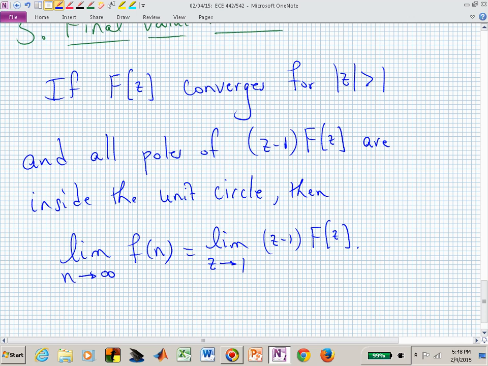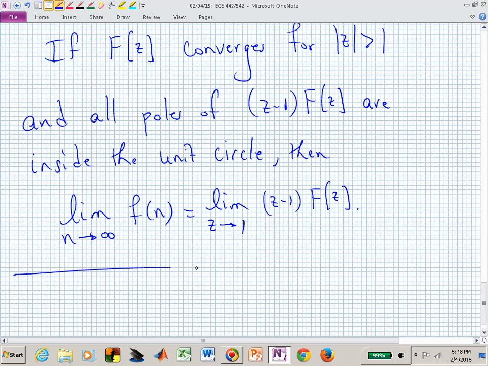And you're looking at this limit on the right, maybe saving you time in trying to figure out where is my time domain expression, little f of n, going as n marches off to infinity. Those are some properties that you need to tuck away and be able to use as needed throughout the semester, and some of them we're already using for exam 1 and homework 1, homework 2 material.